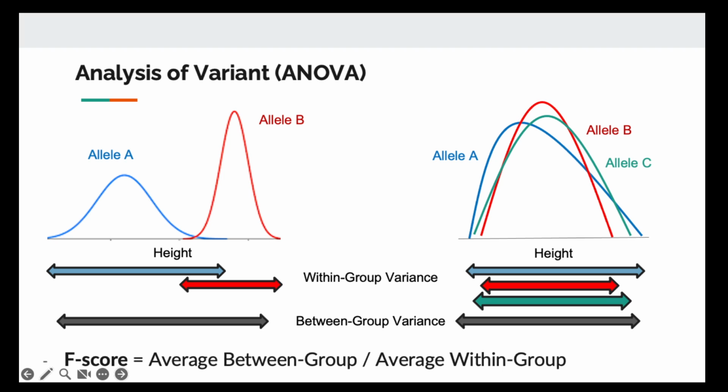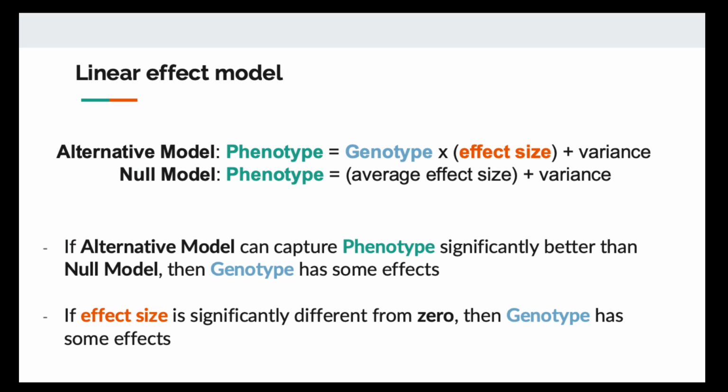So that was just a review of ANOVA with a graphical explanation. Another way that we can quantify if a genotype has some effect or not is what I would call a linear effect model.